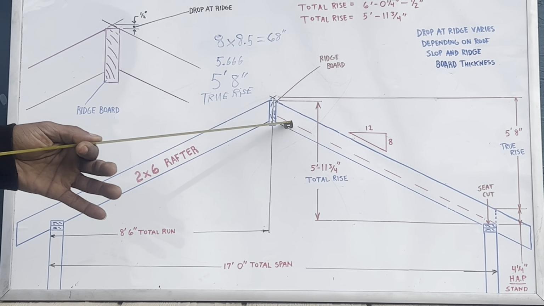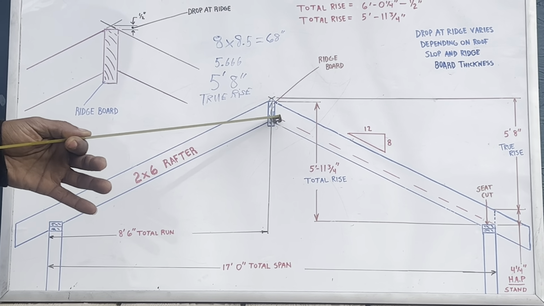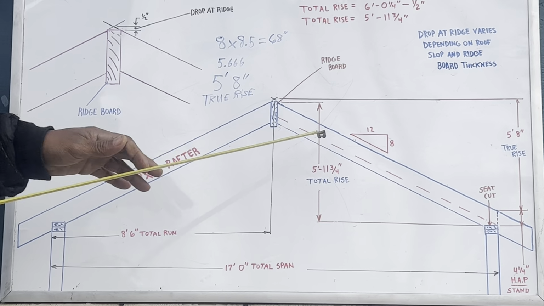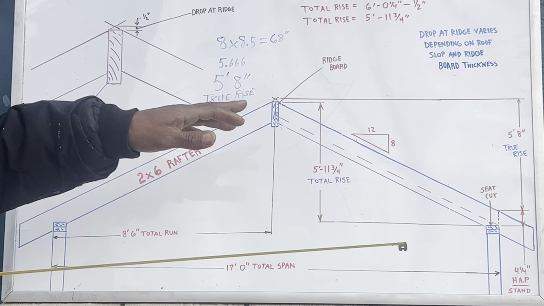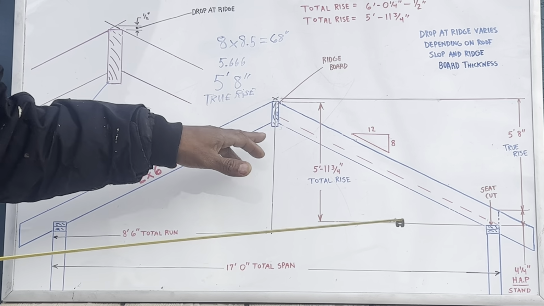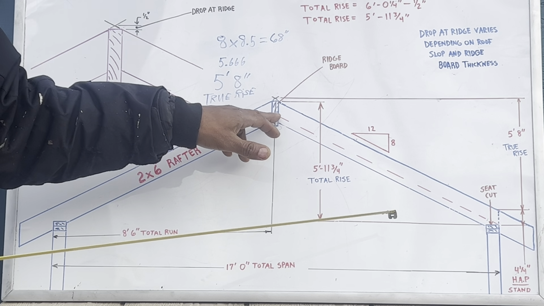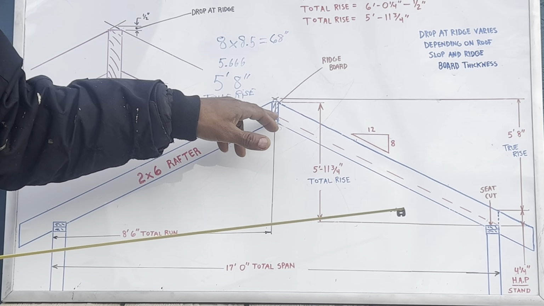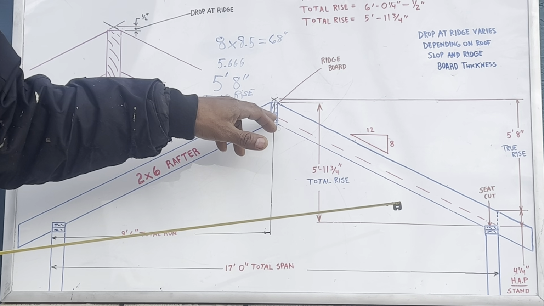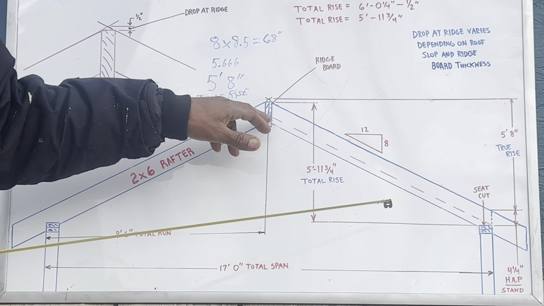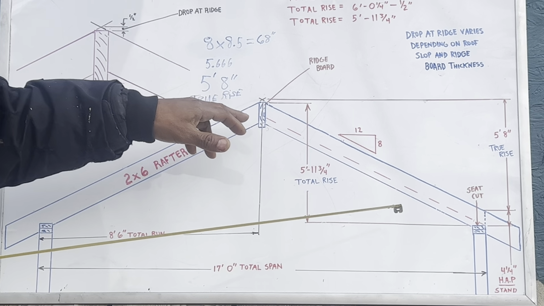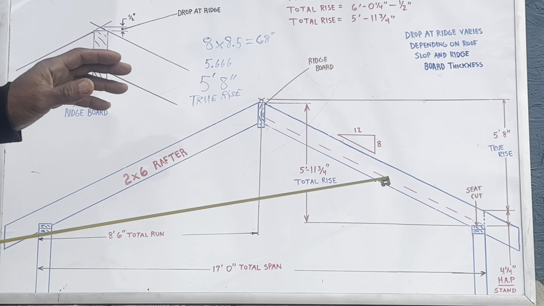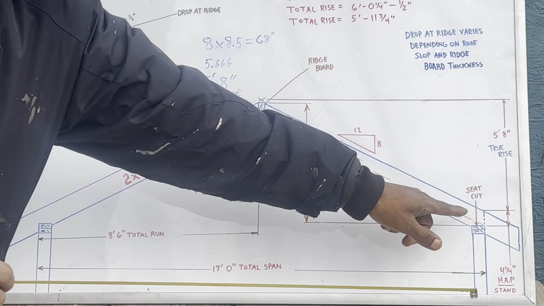See where this dashed red line is? That would be 5 foot 8. So in real life, if you just were gonna use your true rise and place your ridge board, and you put the tip of it right here where my dash line is, just by using your true rise, you're gonna be too short. You're not gonna make it.